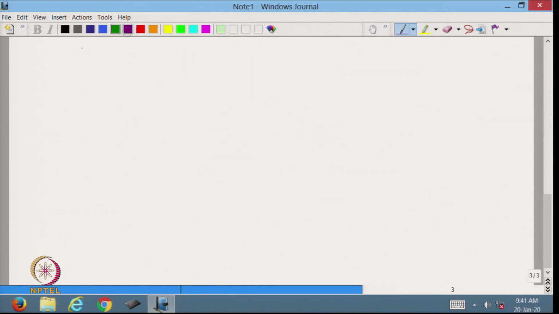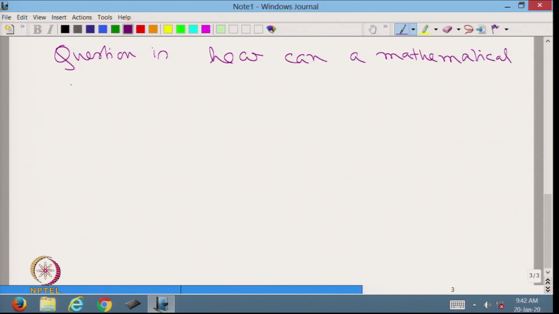Question is, how can a mathematical statement be a paradox?